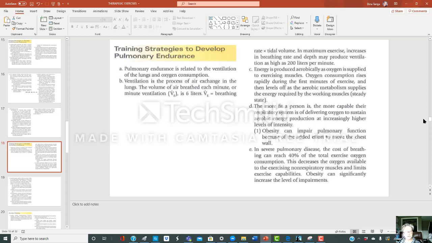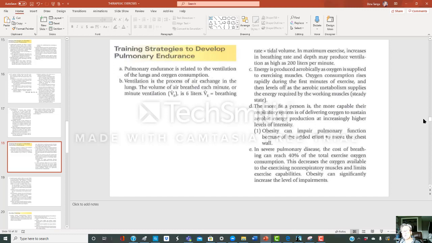Minute ventilation equals breathing rate times tidal volume. So minute ventilation is your respiratory rate and your tidal volume. In maximum exercise, increases in breathing rate and depth can produce ventilation as high as 20 liters per minute.